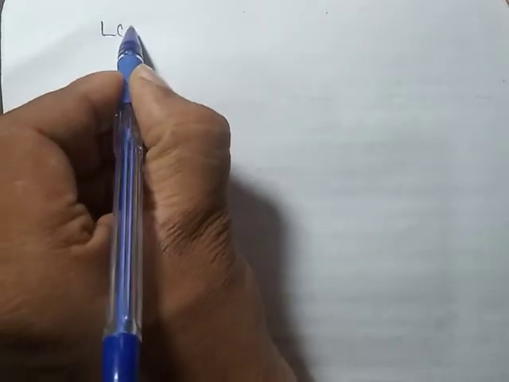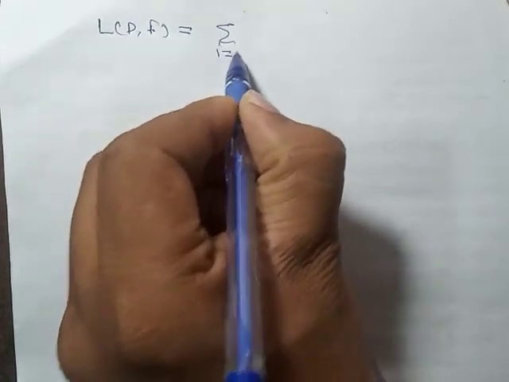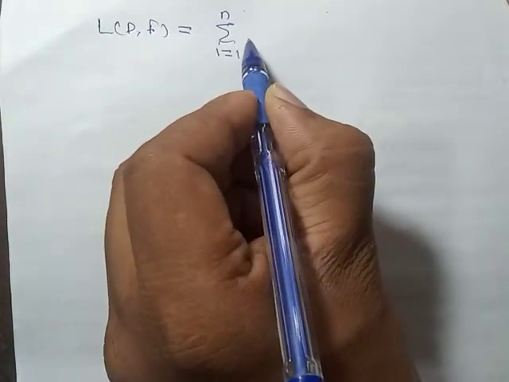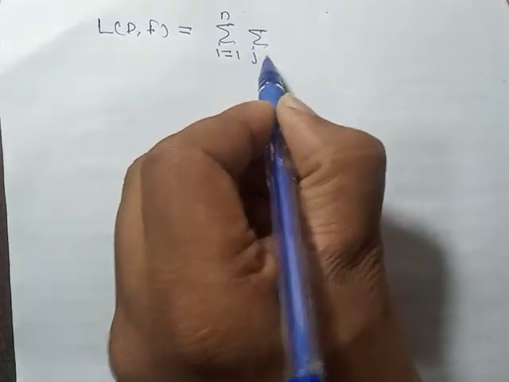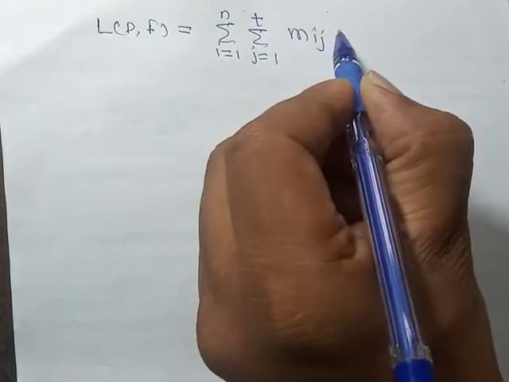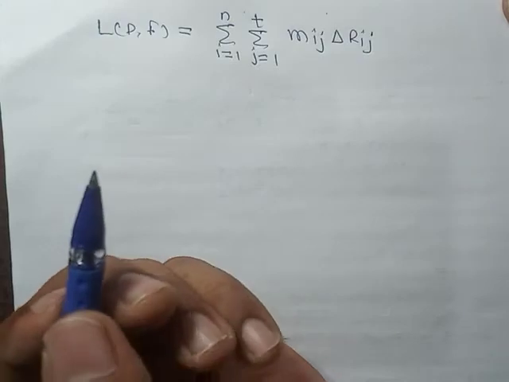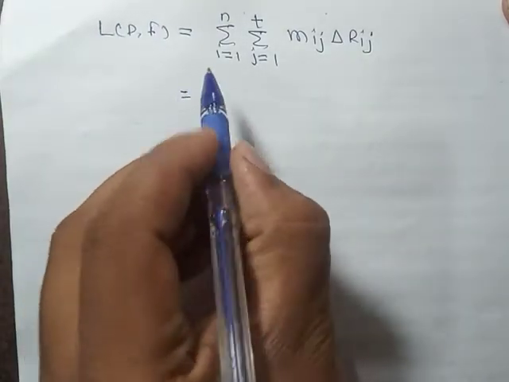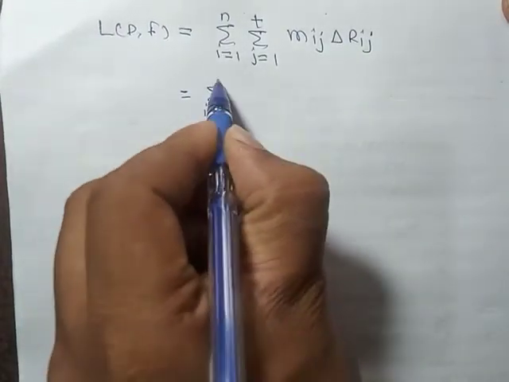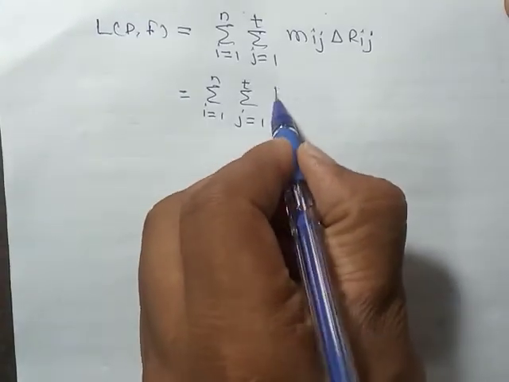The first one is LPF, equal to summation i runs from 1 to n, summation j runs from 1 to t, small mij delta Rij, which is equal to summation i from 1 to n, summation j from 1 to t, mij into Rij.